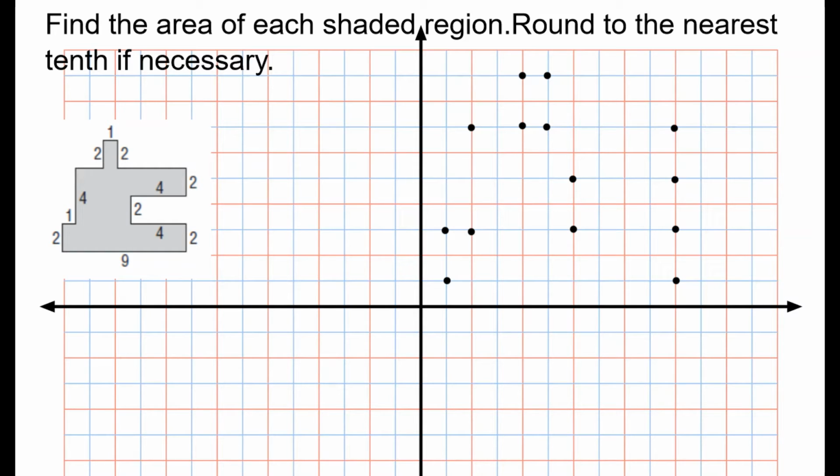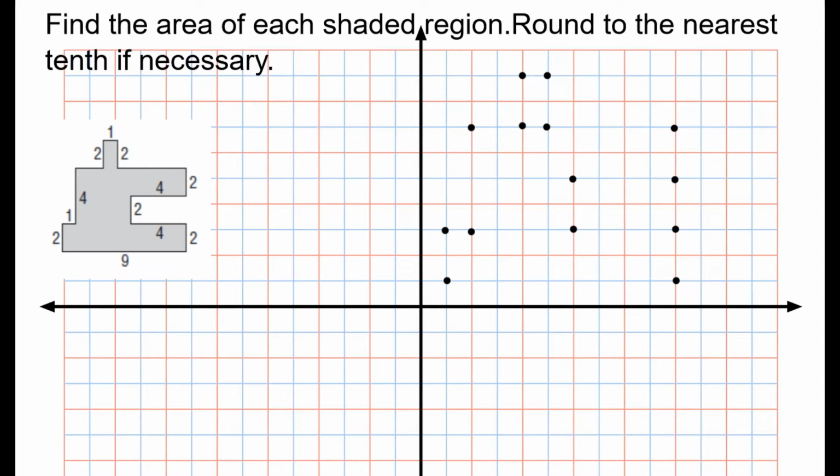You will run across some unique different types of shapes that they're going to ask you to find the area of. And what you have to understand on these is the idea that finding the area of this type of shaded region is really an addition problem of a whole bunch of parallelograms together.